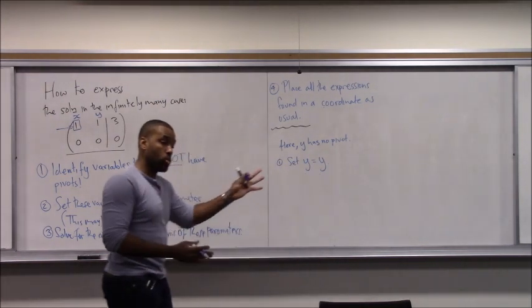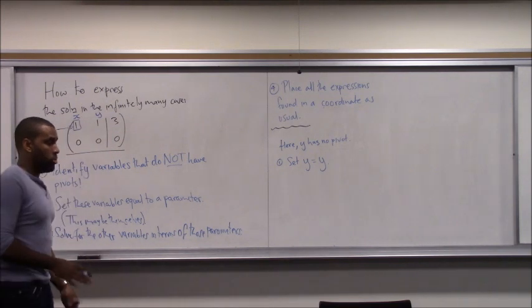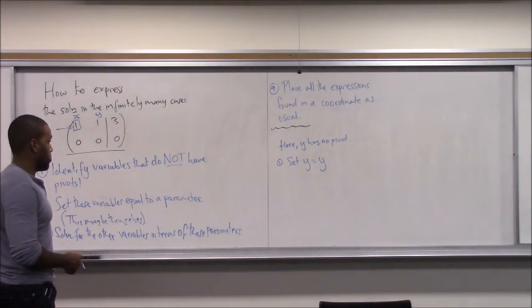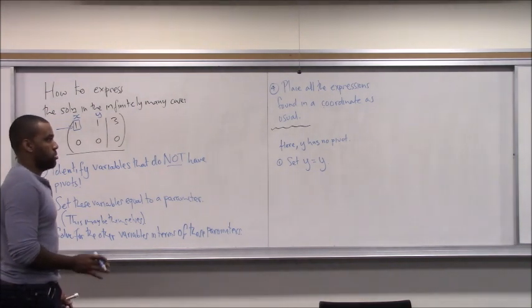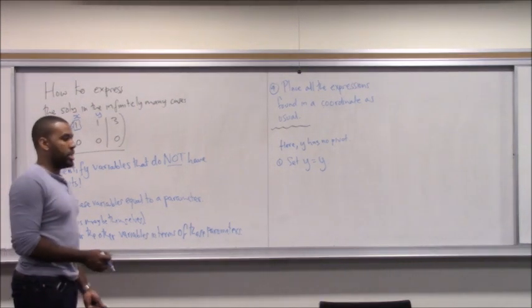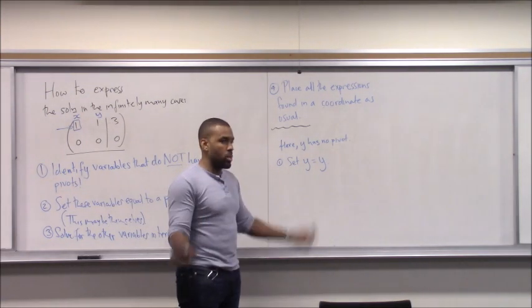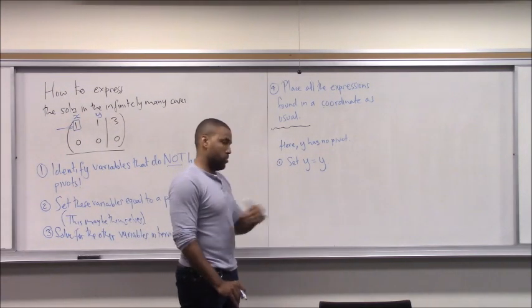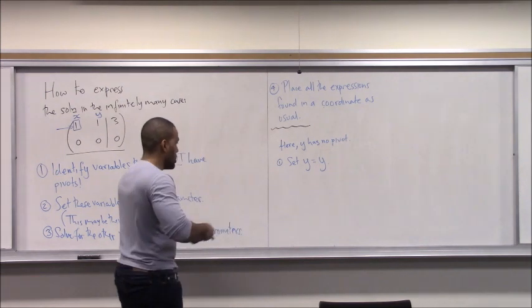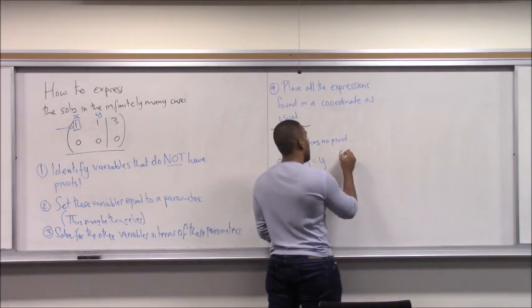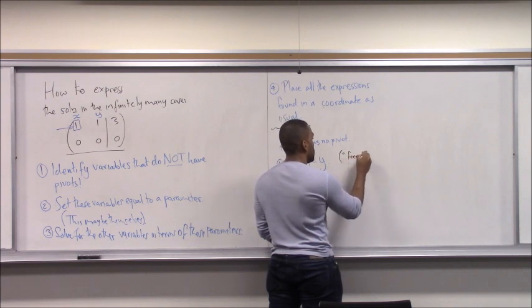You could set it equal to another letter that's not x, but for now, let's just keep y to be itself. There are a couple ways to do this. For now, y has no pivot means ultimately I can't solve for it. So basically what I want to say is y can be whatever it wants. Y is y, right? The technical term for this, I think I put it in your notes, you don't need to know, but it's called a free variable.